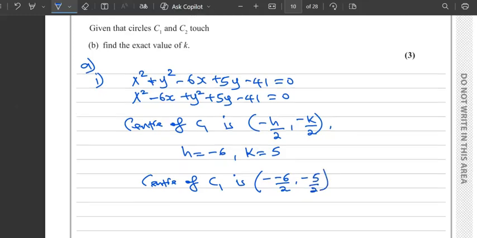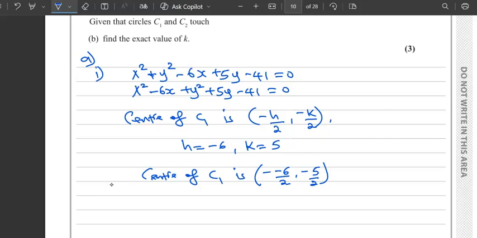Simplifying, the center of C1 is given by the coordinates 3, negative 5 over 2.